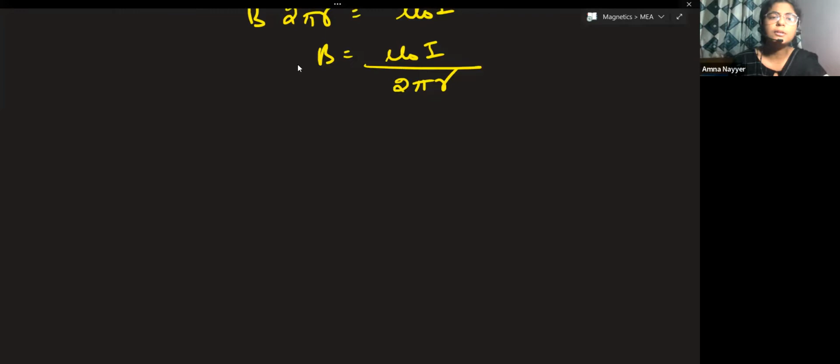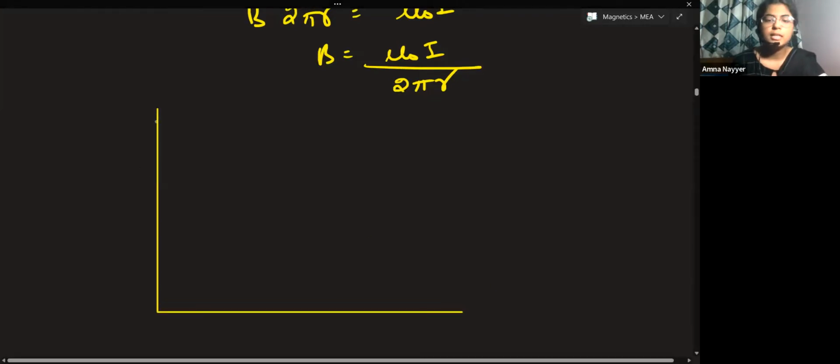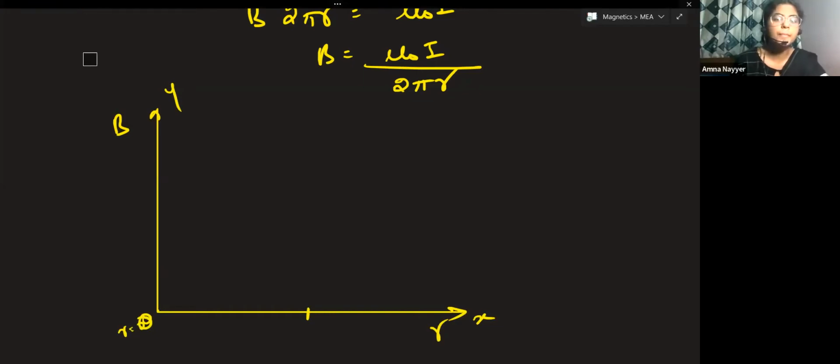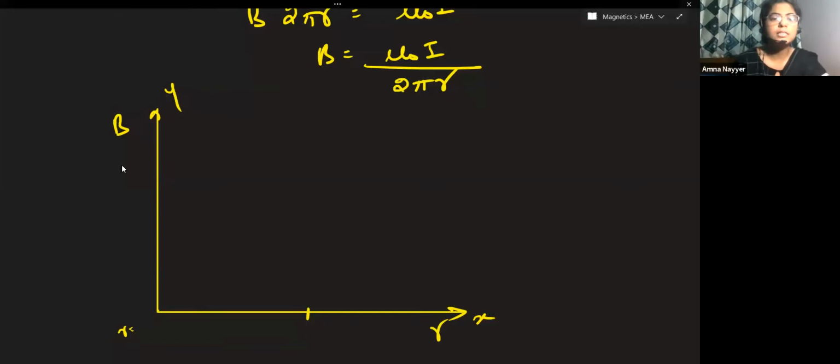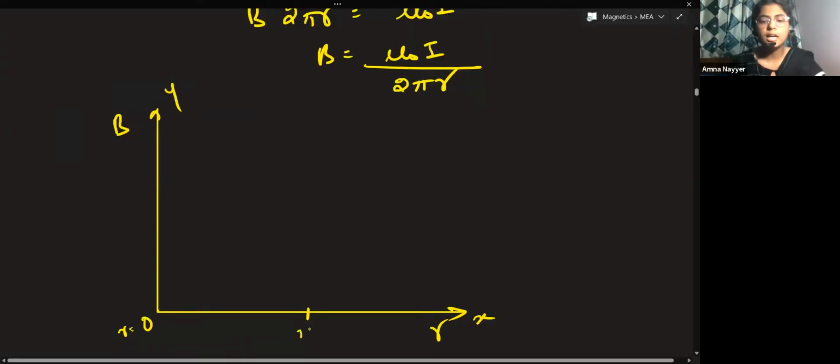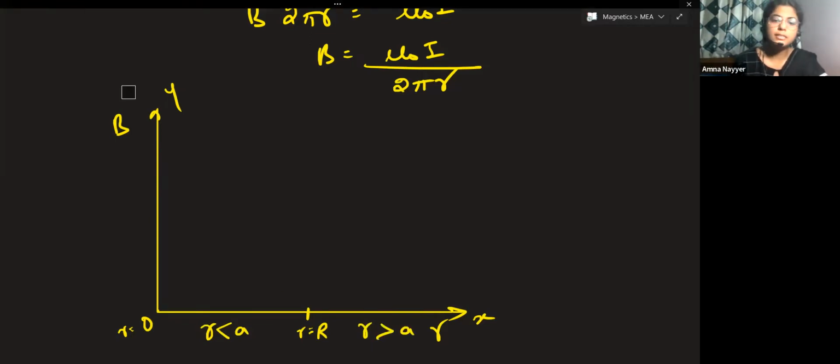Now let's plot a graph between the magnetic field B on the y-axis and the distance, radius, on the x-axis. Again, starting from the center, let's say this is the center O. And let's say this is the surface, R is equal to capital R, meaning the surface of the wire; this is inside the cylinder, and this is outside the cylinder.